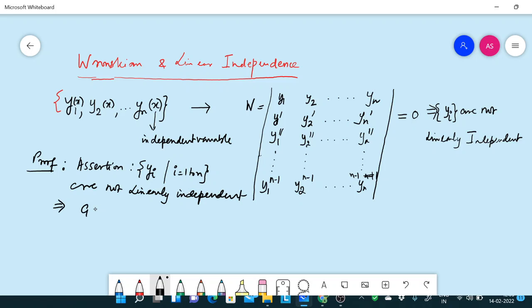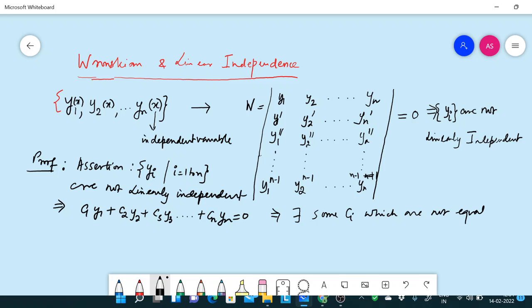It means that if you write your linear combination c1 y1 plus and so on till cn yn and equate it to 0, all the c's are the constants used for making the linear combination, and this expression will imply that there exist some c_i's which are not equal to 0. So there are certain c_i's which are non-zero, and the values of the remaining c_i's are such that this expression is equal to 0.